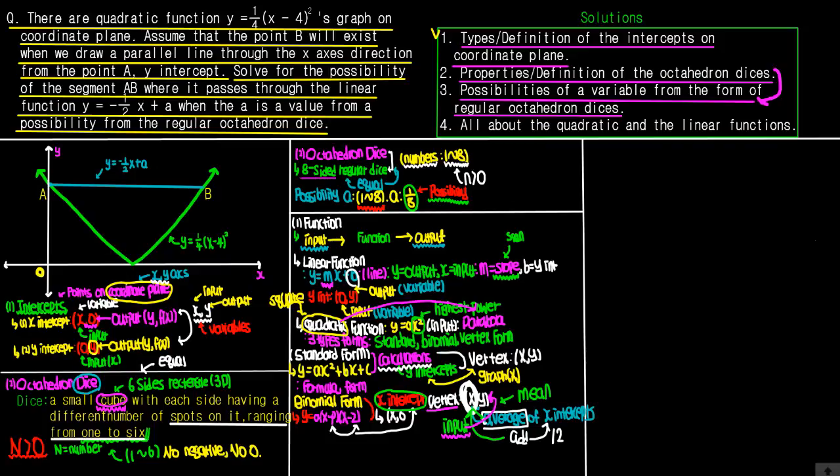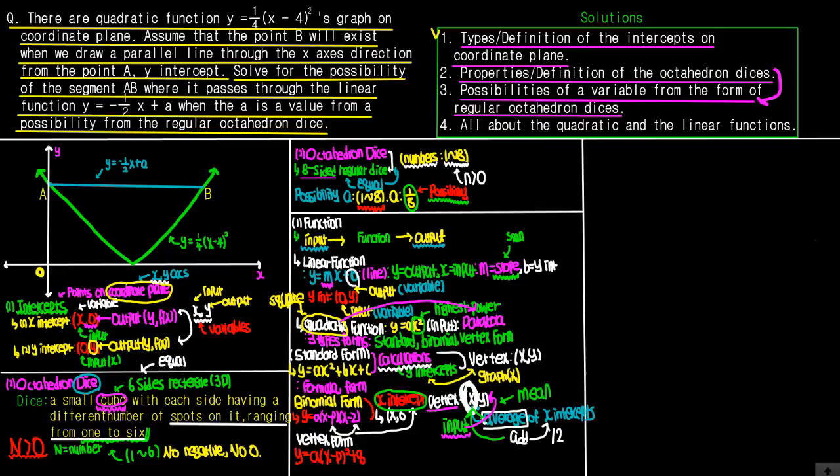Now let's think about the last one, which is one of the most important things among our quadratic function forms, the vertex form. The format is y is equal to a times x minus p squared plus q.